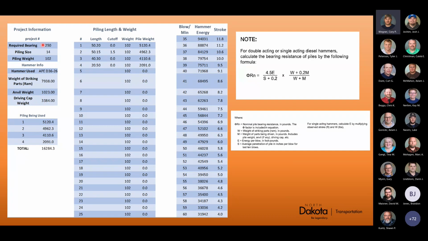And this will factor into the next slide as far as whether you've met bearing or not. Here's that piling size, piling weight. Those 2 things, this piling weight actually calculates your pile weight in this chart based off of these lengths. And then just hammer info.